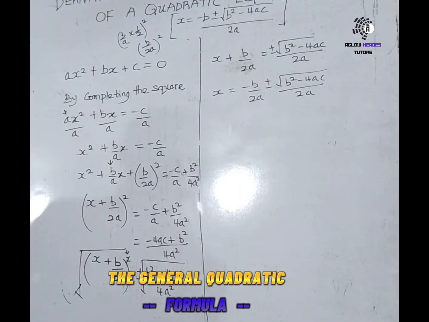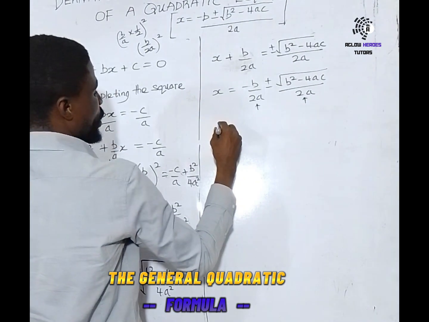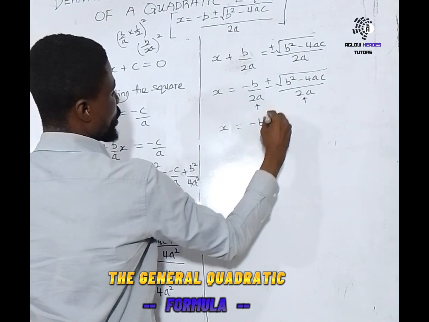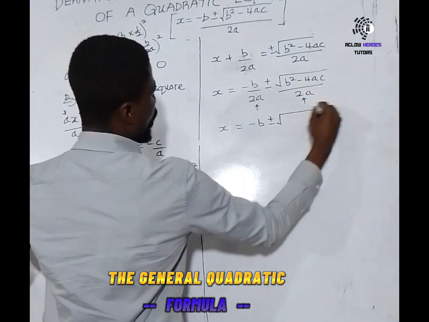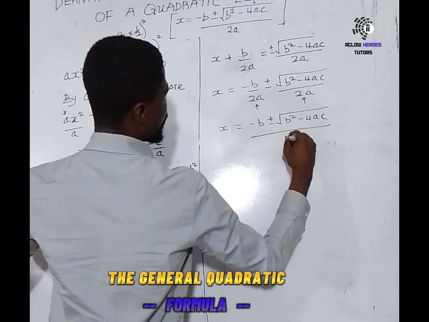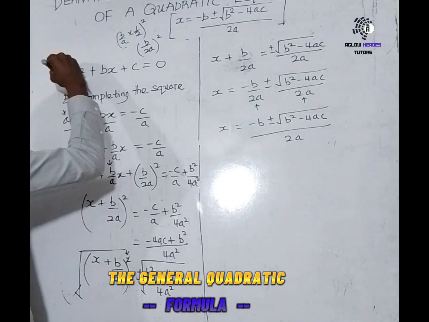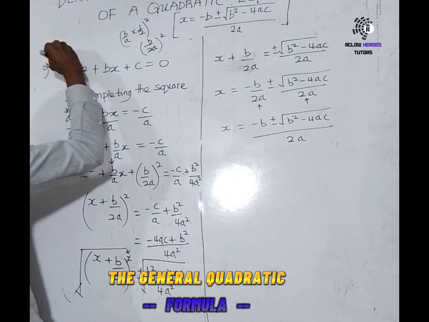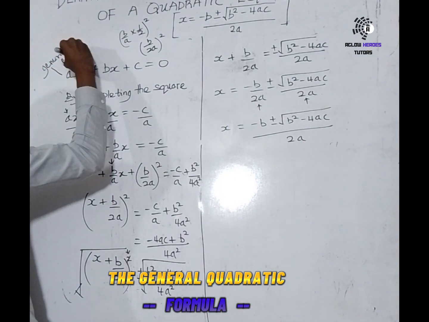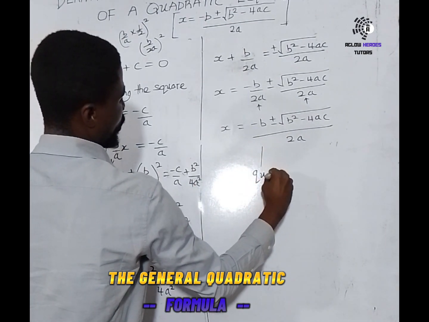So that is it. We discover that these denominators are common, so we pick one to give us negative b plus or minus the square root of b squared minus 4ac all over 2a. That's how we have gone from the general form of a quadratic equation to our quadratic formula.